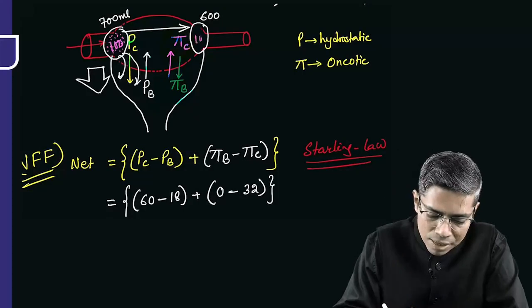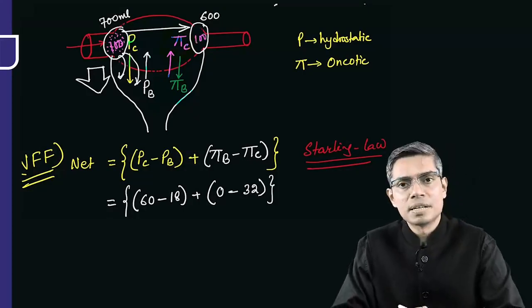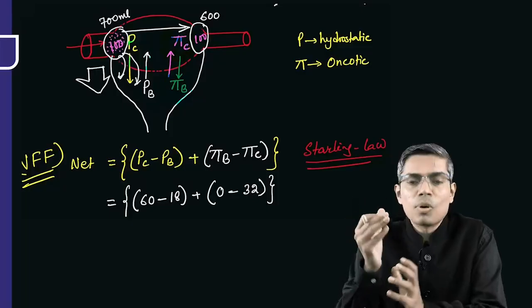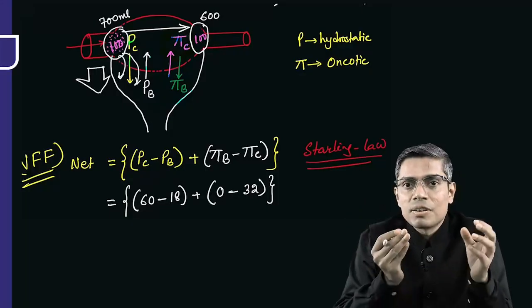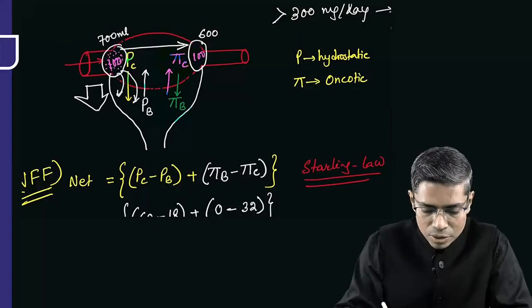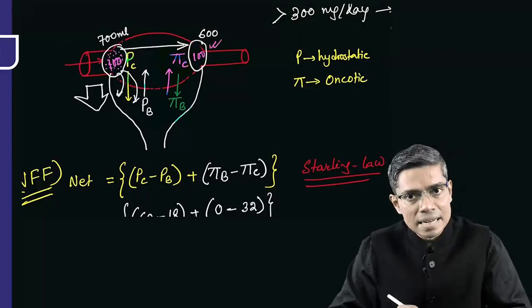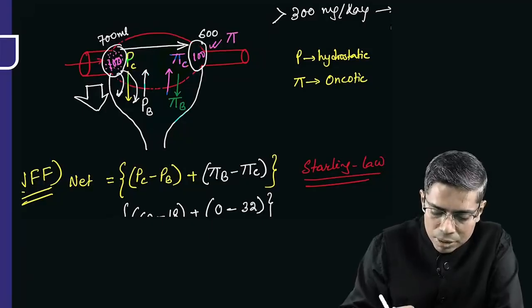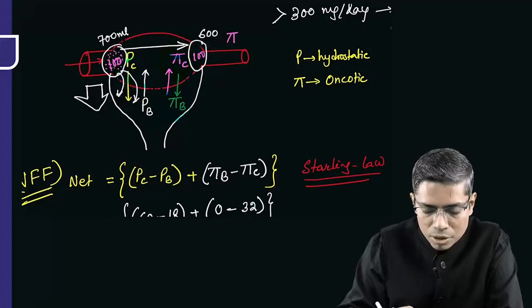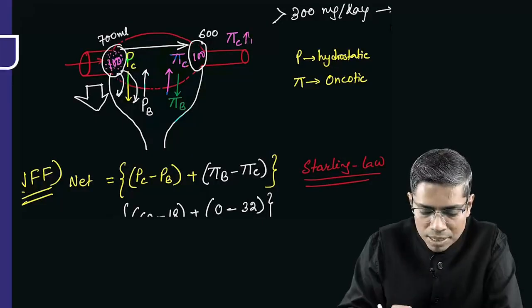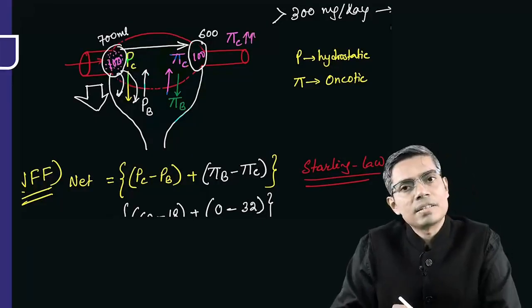The same 100 molecules of albumin will be present towards the efferent end of the capillary, but the volume of plasma is less. So the concentration of albumin is increasing towards this efferent end. If the concentration of albumin is increasing, what will happen to the oncotic pressure of the capillary towards the efferent end? Oncotic pressure of the capillary will increase.